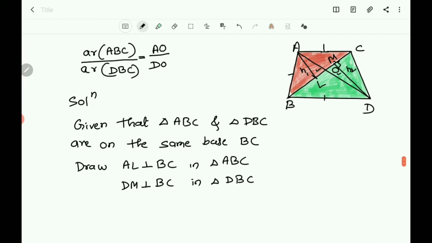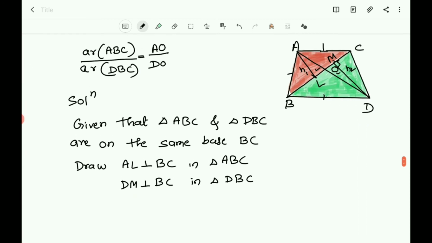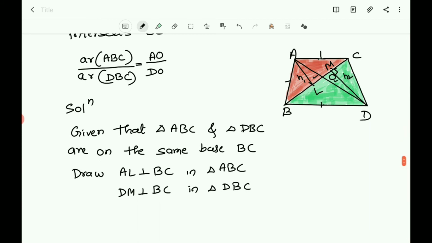Now, before finding the areas, you have to take triangles ALO and DMO and prove that they are similar.